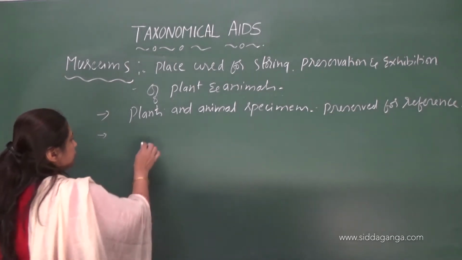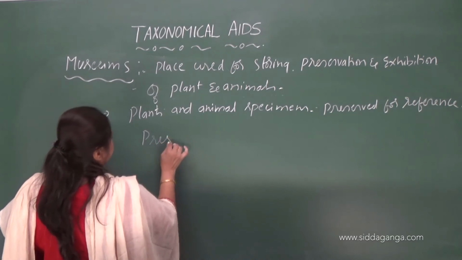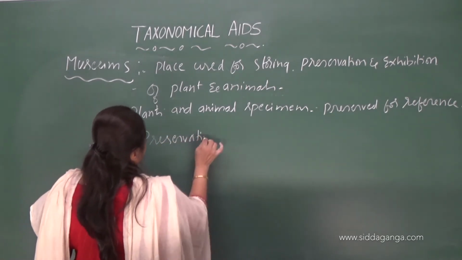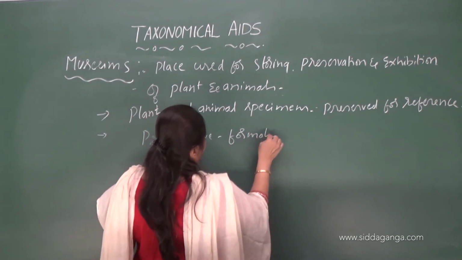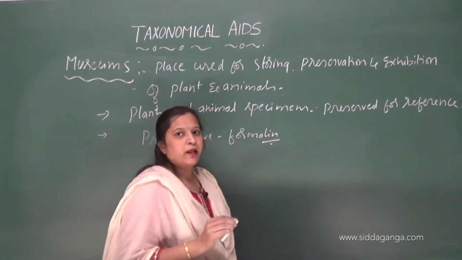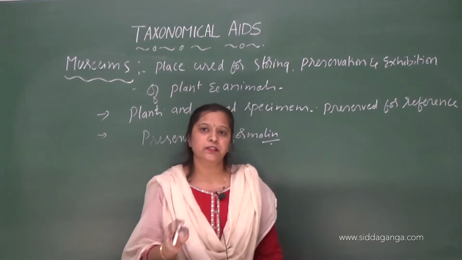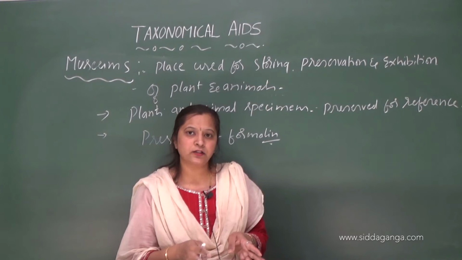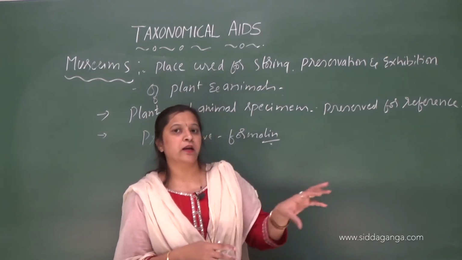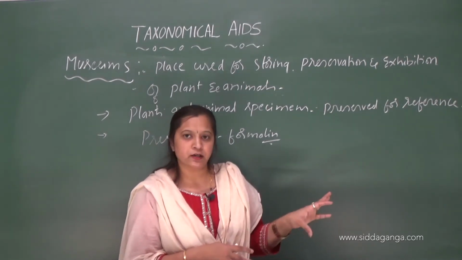The generally used preservative is formalin. So using formalin, the plant and animal specimens are stored in large containers or glass jars. Plant and animal specimens can also be preserved as dried specimens.